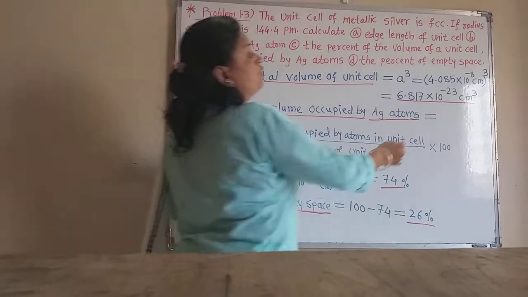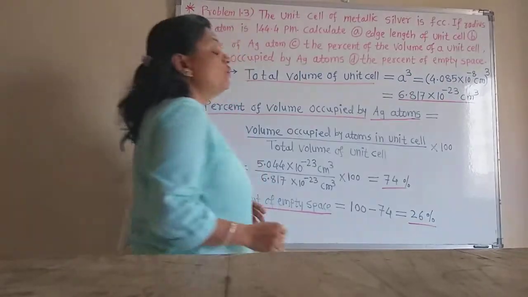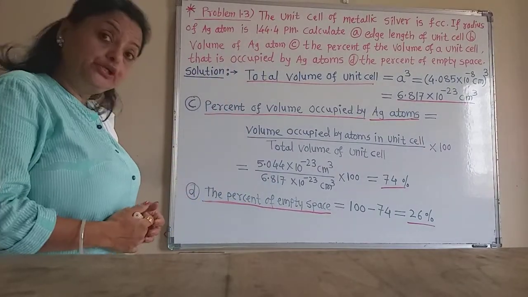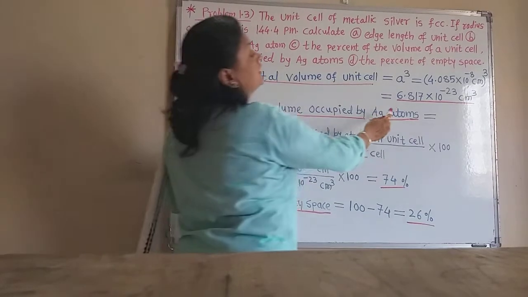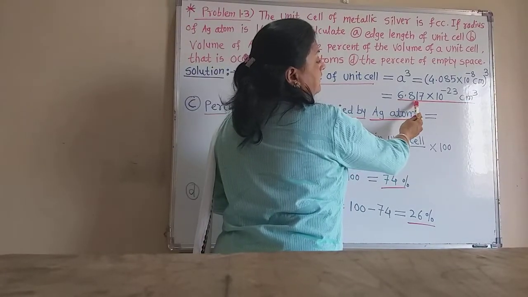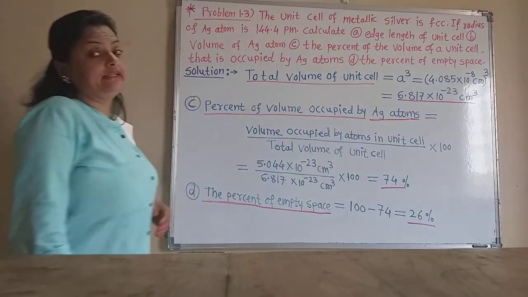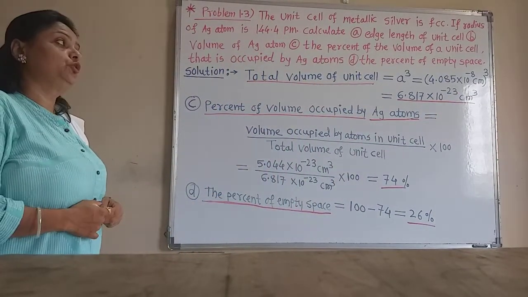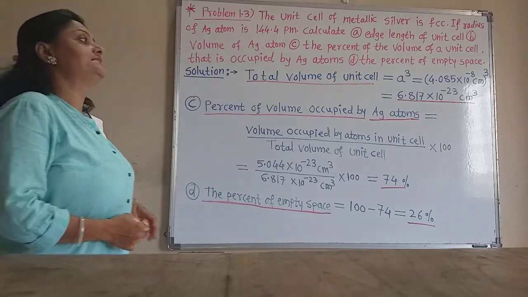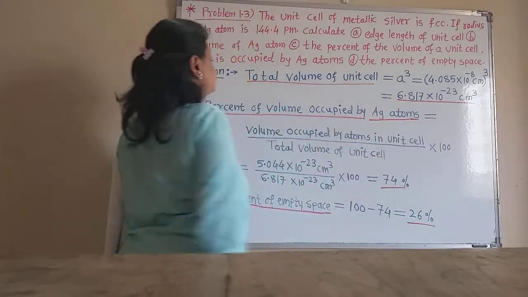On taking the cube of this value, we obtain the total volume of the unit cell, that is equal to 6.817 into 10 raised to minus 23 centimeter cube. Now this is the total volume of the unit cell.